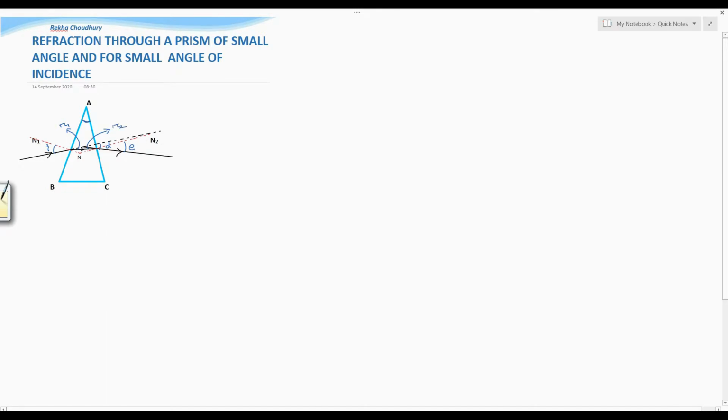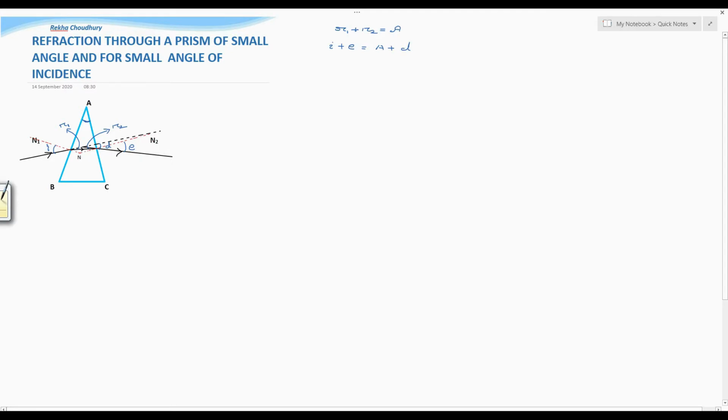So this is R2. So again we have already derived these formulas, that R1 plus R2 is equal to A. Again I plus E is equal to A plus D.